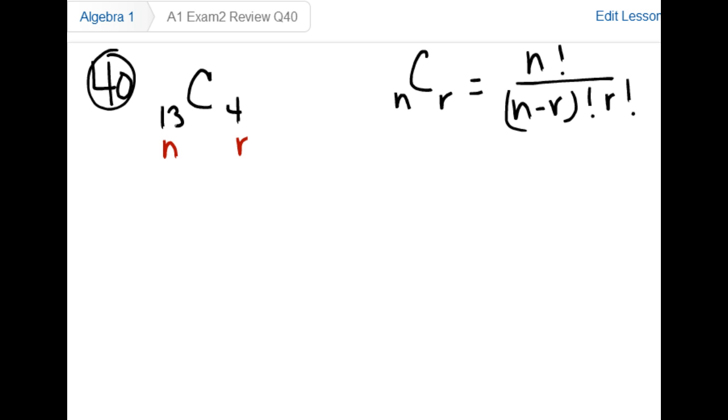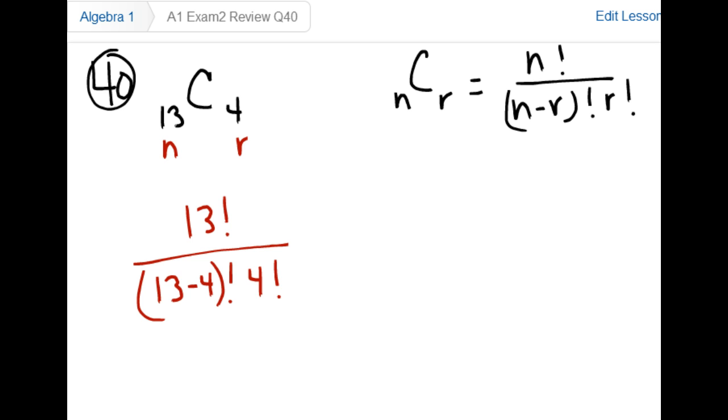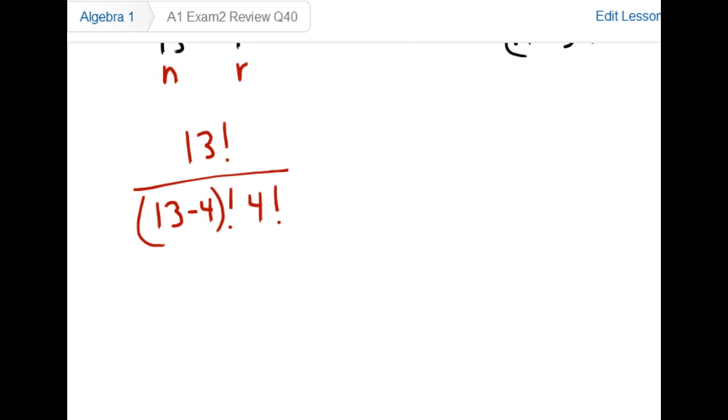So we'll fill in our formula. We have 13 factorial over 13 minus 4 factorial times 4 factorial. That equals 13 factorial over 9 factorial times 4 factorial.